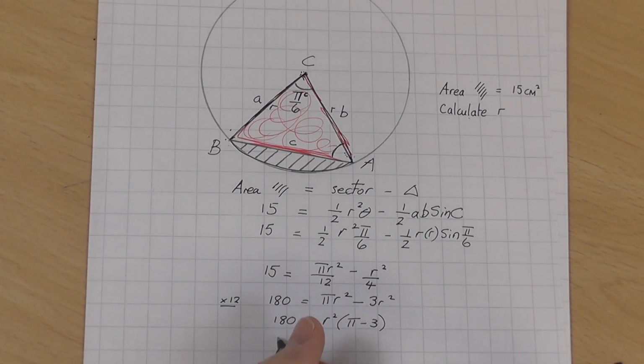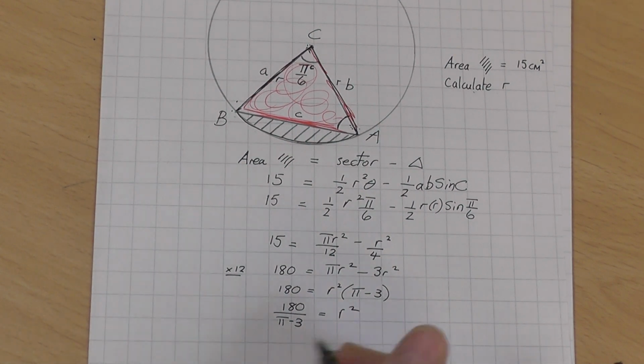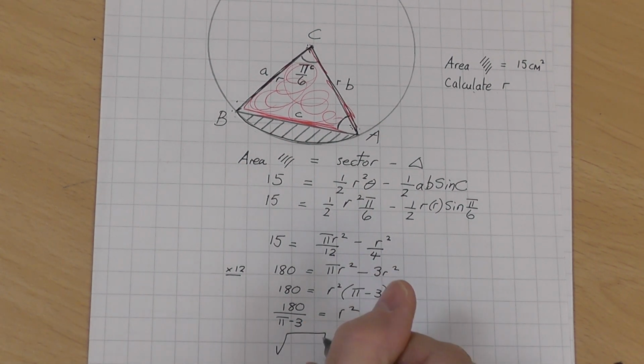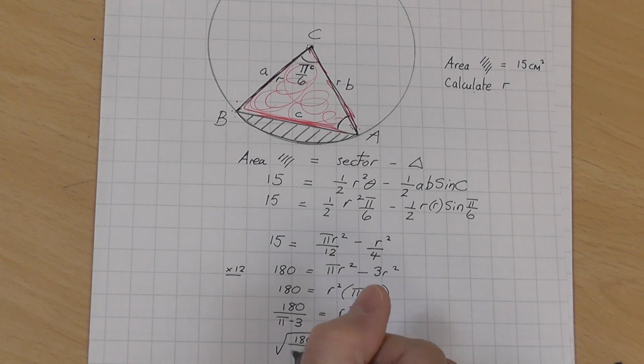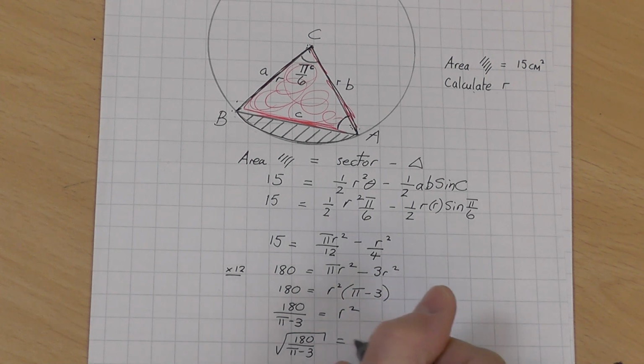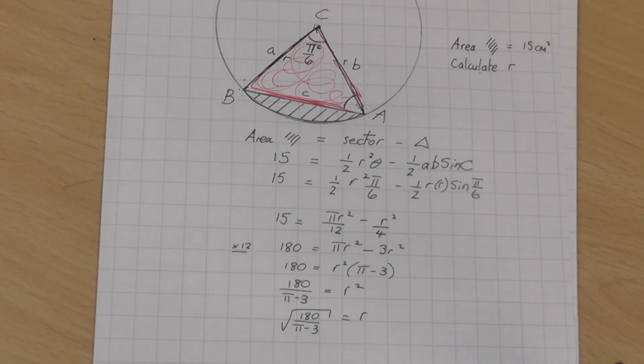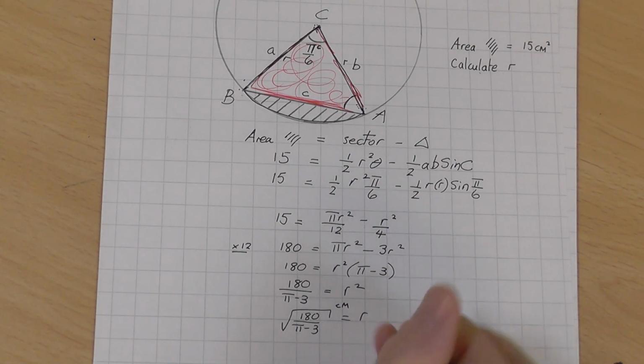Divide both sides by the bracket, so you get 180 over pi minus 3 equals r squared. And then finally square root both sides, so you get the square root of 180 over pi minus 3 equals r. And that basically is an expression for the radius in centimetres.